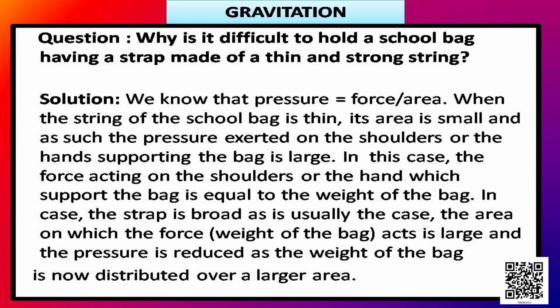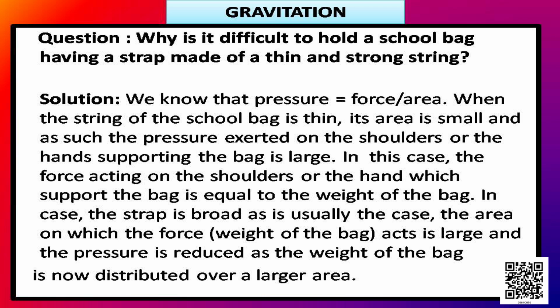Okay? Students, why is it difficult to hold a school bag having a strap made of a thin and strong string? Let us discuss. Students, we know that pressure is equal to force per unit area. When the string of a school bag is thin, its area is small, and as such the pressure exerted on the shoulders or the hands supporting the bag is large.